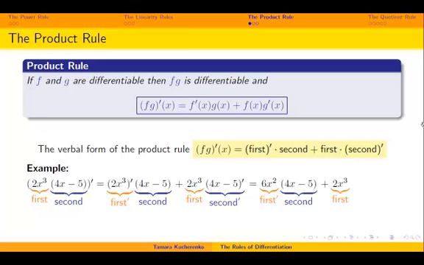The derivative of 4x is 4 because the derivative of x is 1. And the derivative of 5 is 0 because 5 is a constant. So the derivative of the second is 4. After simplifying this expression, we obtain 32x cubed minus 30x squared as our answer.